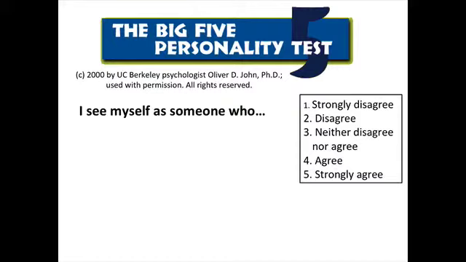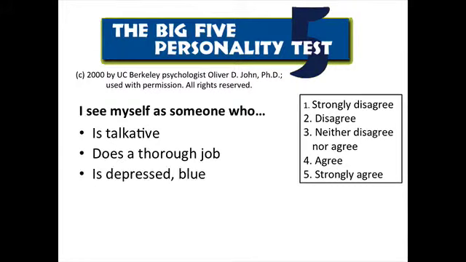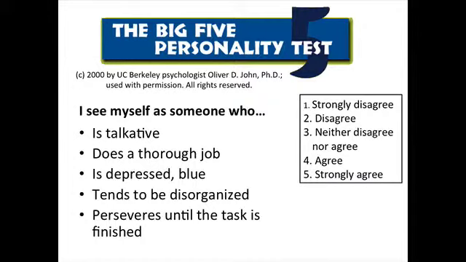By means of example, the respondent would be asked if he or she is talkative, does a thorough job, is depressed or blue, tends to be disorganized, perseveres until the task is finished. From a statistical analysis of the responses to the 46 descriptors, it is then possible to rate the respondent on each of the Big Five factors.